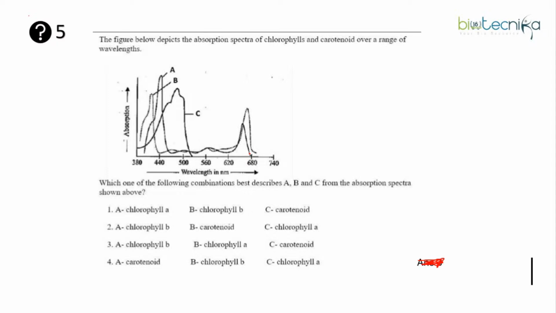See, this is the start of your photosynthesis chapter. When you start with the photosynthesis chapter, you have to know the wavelengths of light, the spectrum of light. You have to know the pigments associated with photosynthesis, that is your chlorophyll, and you have the carotenoids.